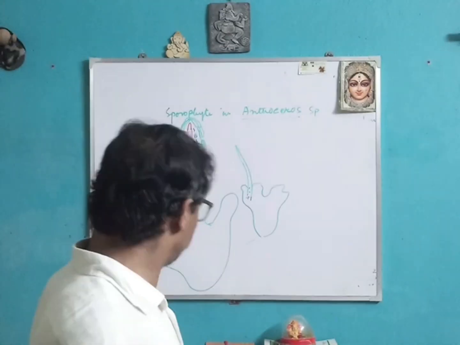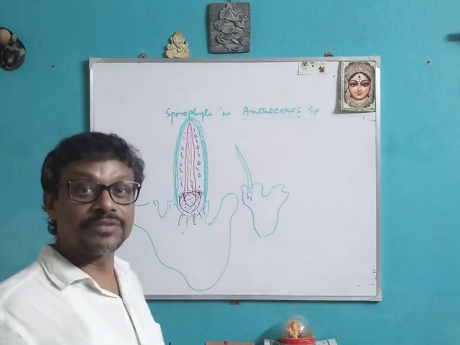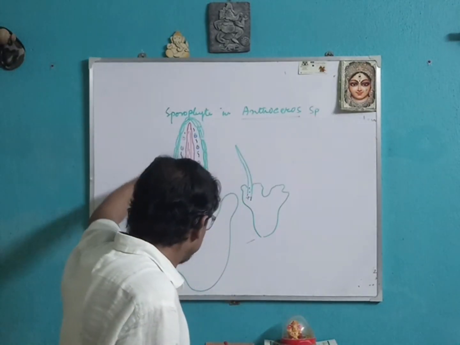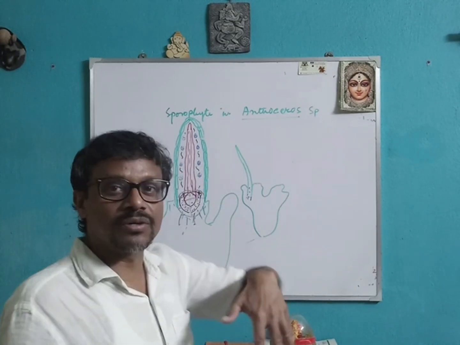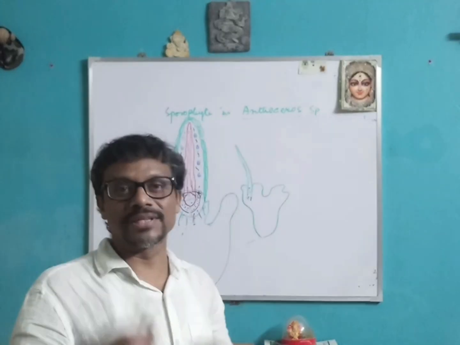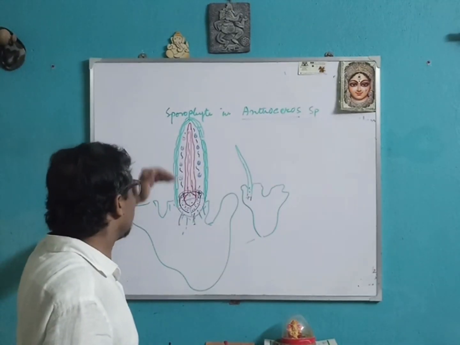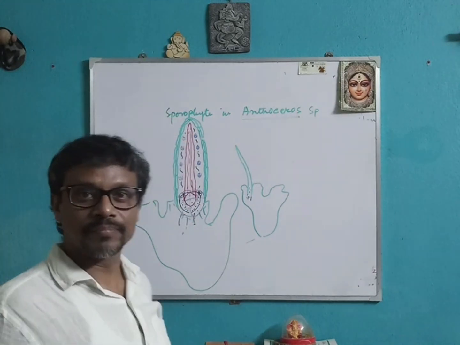Instead of a seta, they have meristematic tissue at their base. This is a very unique feature of Anthoceros, that certain meristematic tissues are available at the base of the sporophyte. Those meristematic tissue cells can divide, and while they divide, they add new cells and ultimately help to elongate the sporophyte.